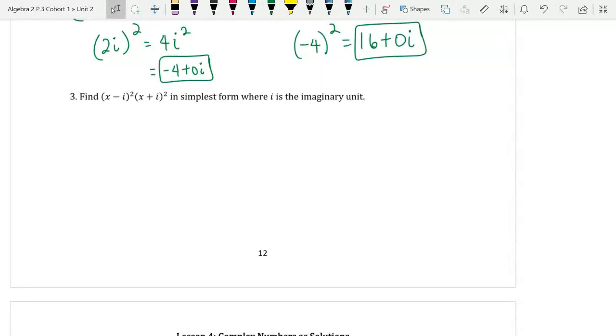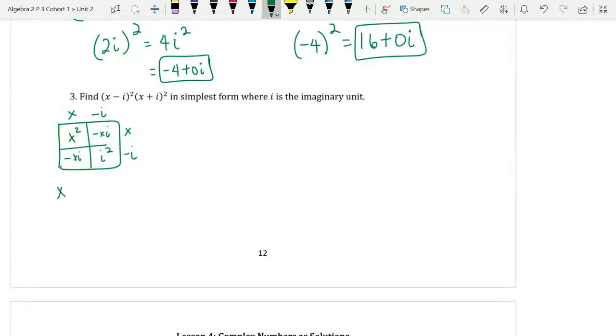Number 3 gives us x minus i squared and x plus i squared, and we want to evaluate all of that and then multiply it all together. So let's do some multiplication first. I need to multiply x minus i, x minus i. So that's going to be x squared minus xi minus xi, and then positive i squared.